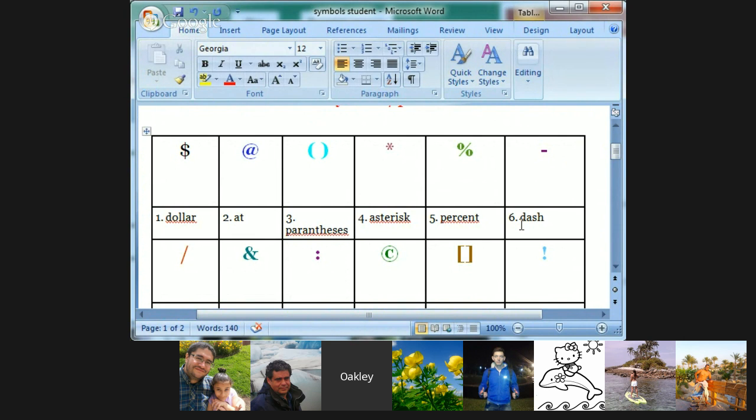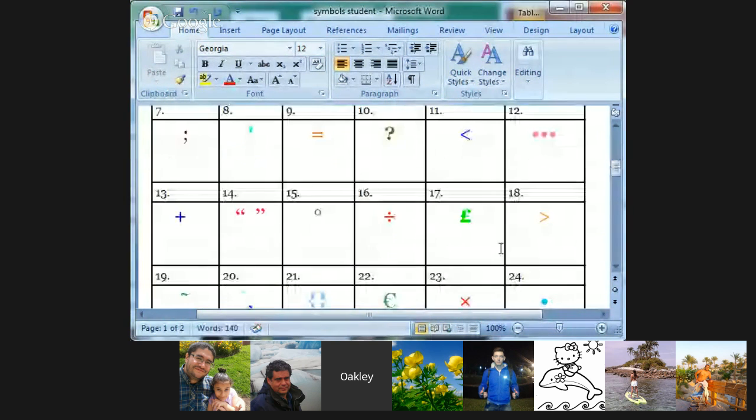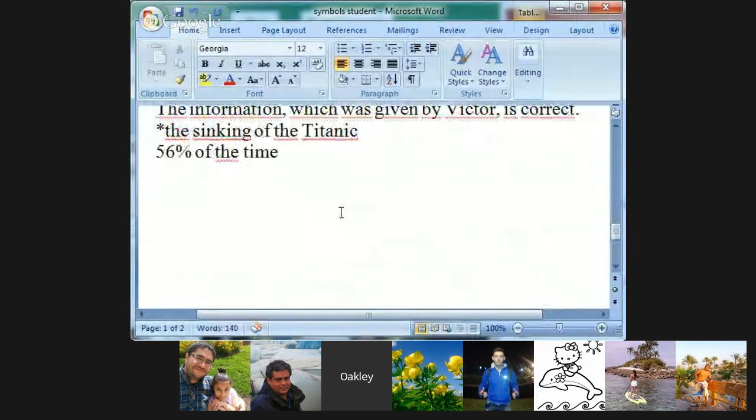Or underscore. It could be underscore if it's down low. Yeah. That's right. Or what if it's between two words? Like, let's see. Brownish green. What is this? Not brownish.